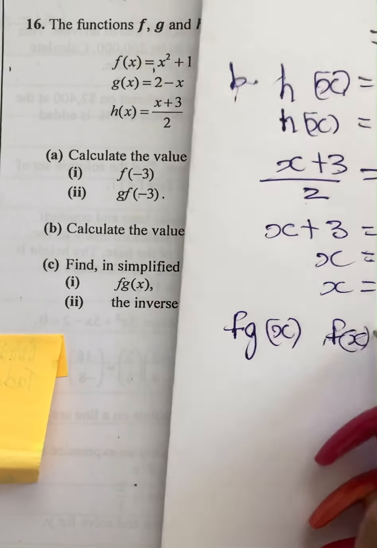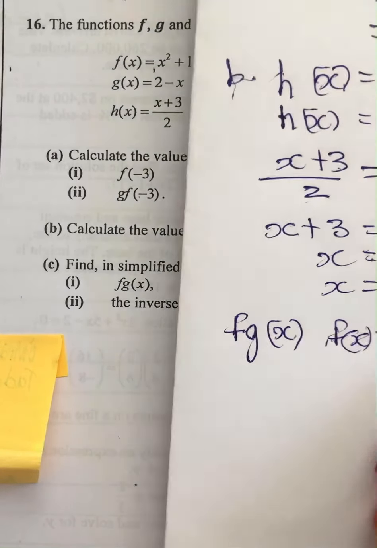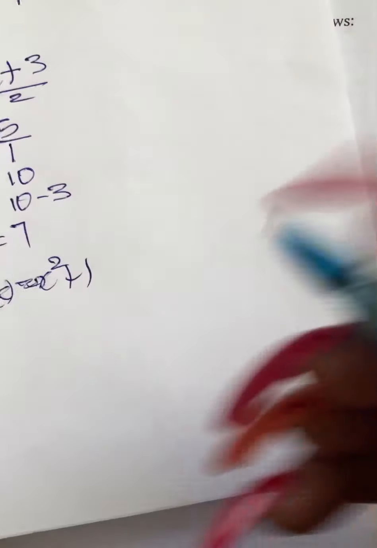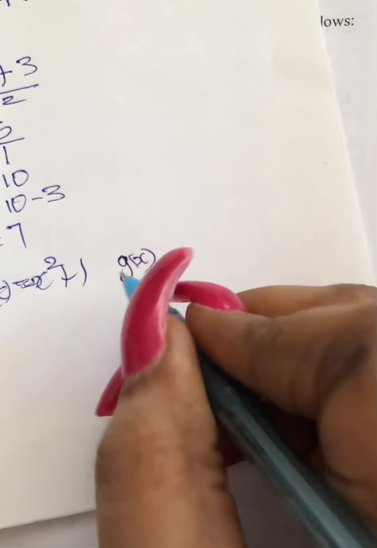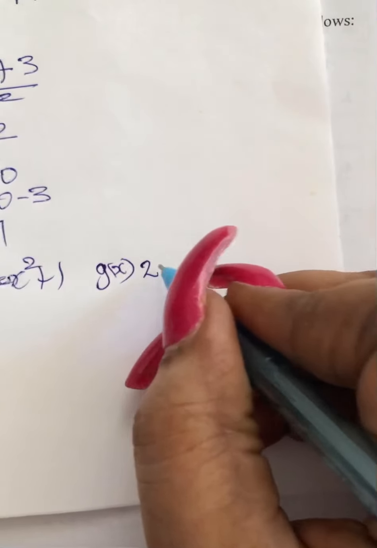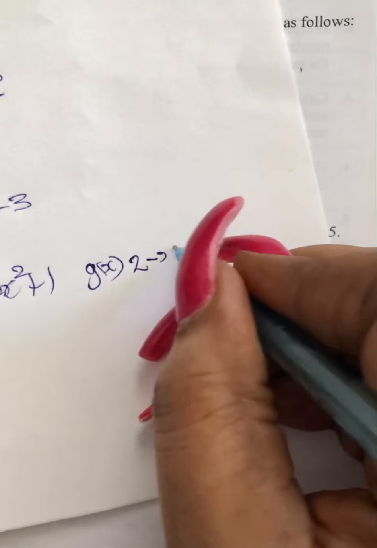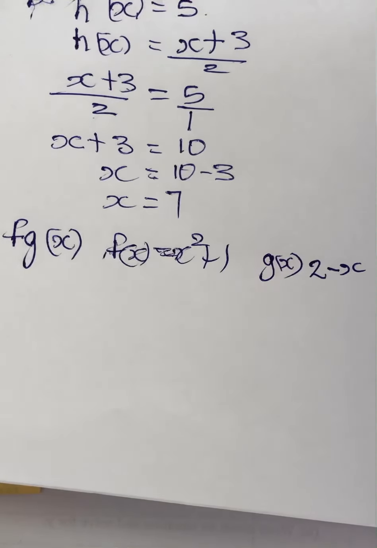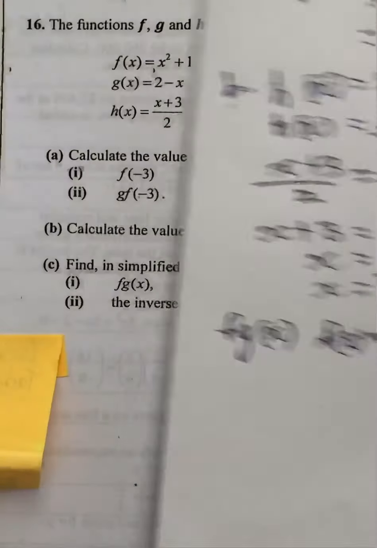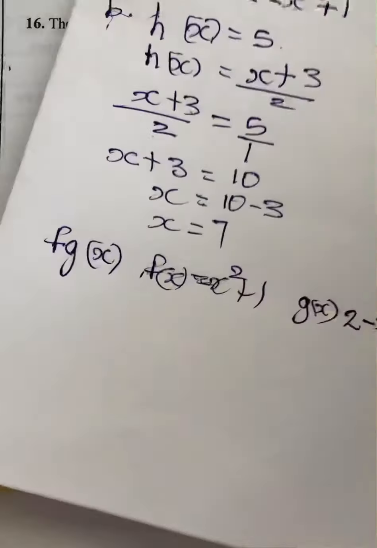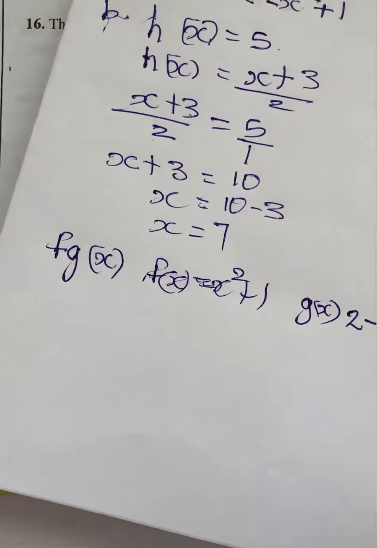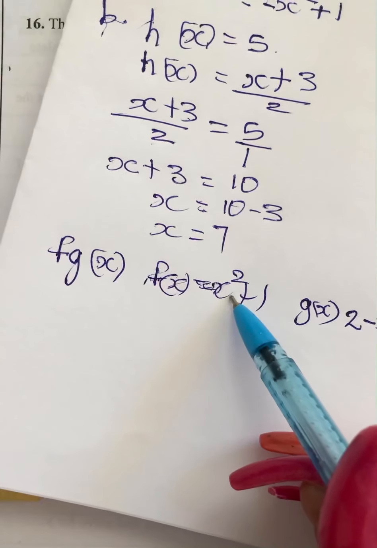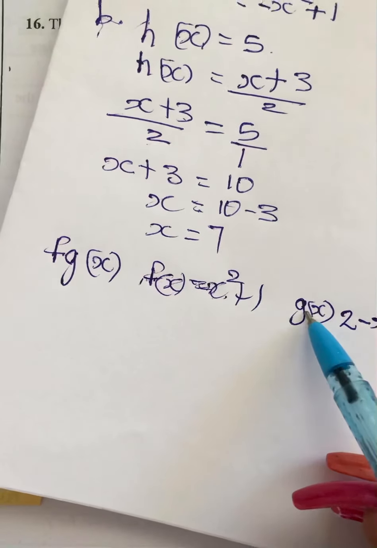f is x squared plus 1. g of x is 2 minus x. So whatever we see for g, we write it in f where we see x. So where this x appears, I am not going to write g of x.